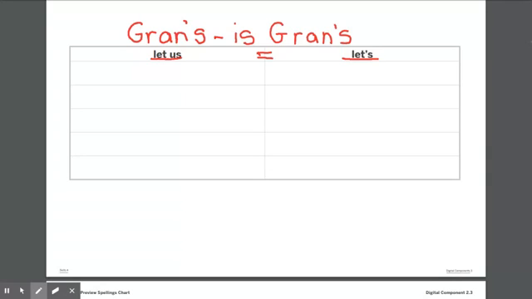Nice job. If you were looking super carefully, you will notice that what is missing is the U. There is no U in let's. They have crossed it off and they put the apostrophe in its place.